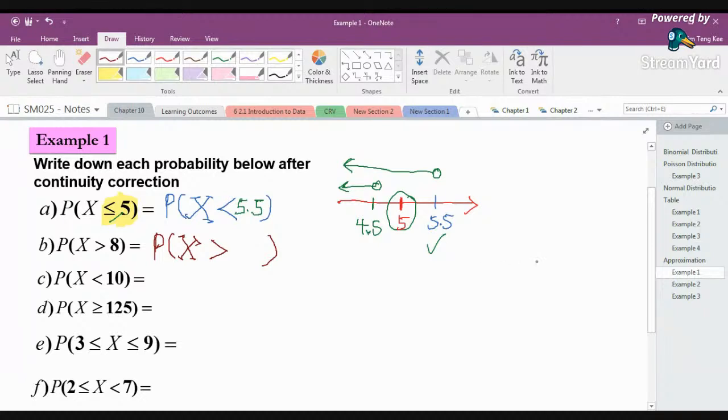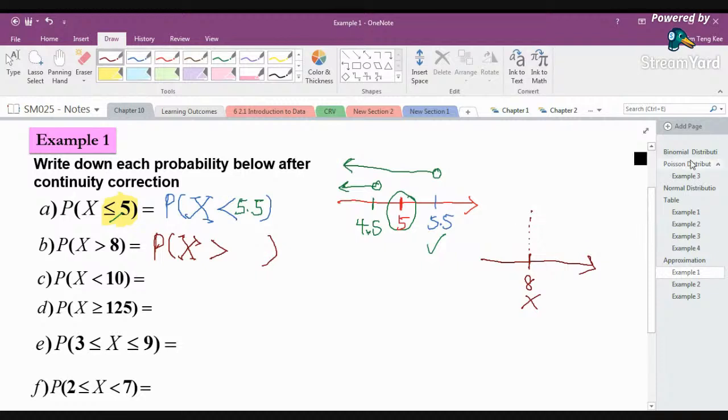Then once again, as a beginner, let's say I have 8, and in this case I don't want 8. I want the case of greater. So which greater case can I draw on the number line without going through 8? This is the borderline for 8.